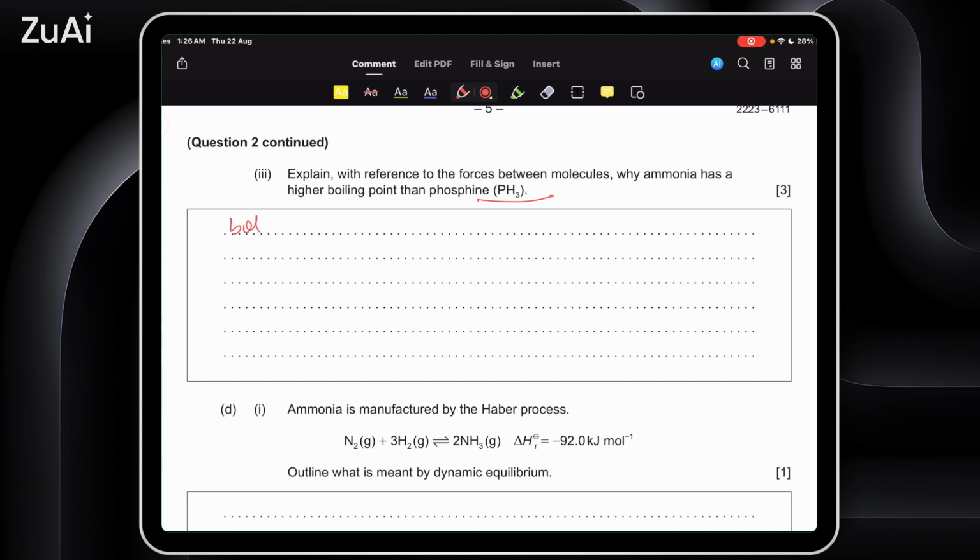Both have dipole force, but ammonia has hydrogen bonds and the strength of the hydrogen bond is highest.